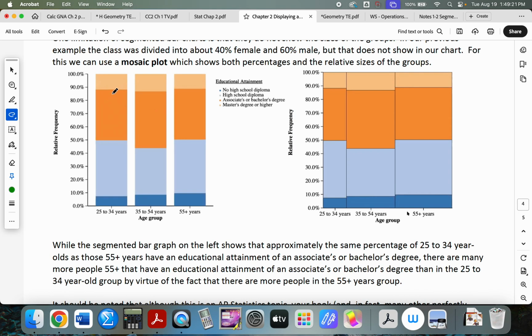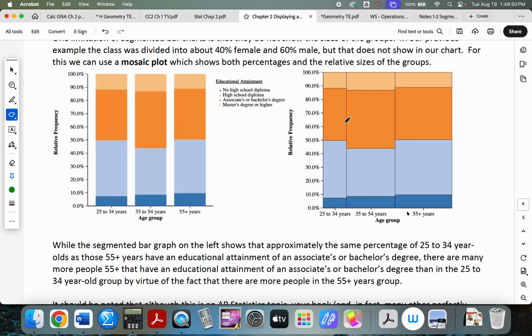So you can see that about the same percentage of those two groups have an associate's or a bachelor's degree. But it doesn't tell you that there were way more 55 plus people than there were 25 to 34, which, if you think about it, 25 to 34 is only a 9-year span. 55 plus goes from 55 until you die, right?